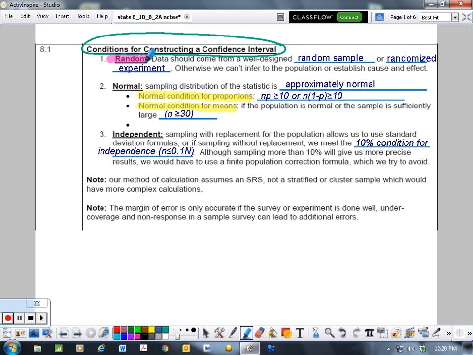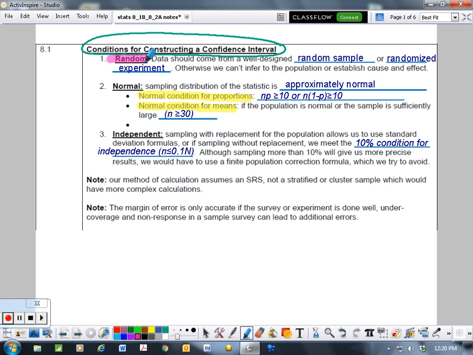So what we need to do is make sure that we have a simple random sample from our population, or that if we're doing an experiment, our volunteers are randomly assigned a treatment. If we don't do that, then everything that we're doing is for naught, because then we have no implication on what this tells us about the population, or whether there is a cause and effect.